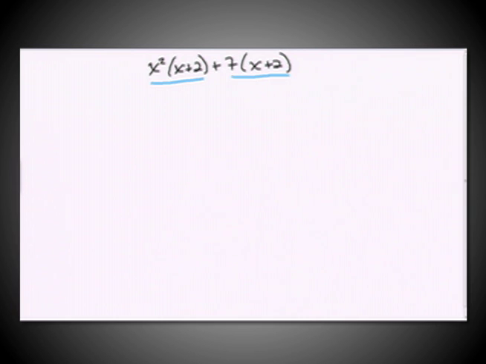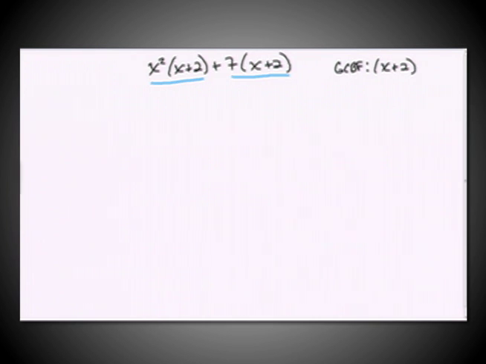So for this particular problem, the GCBF, or the greatest common binomial factor, is x plus 2. So we've identified our common binomial factor. The next step in the process is to express each term as a product of the GCBF and the other factor.